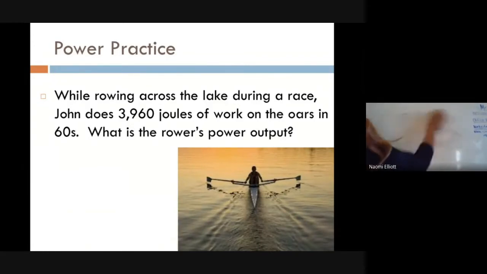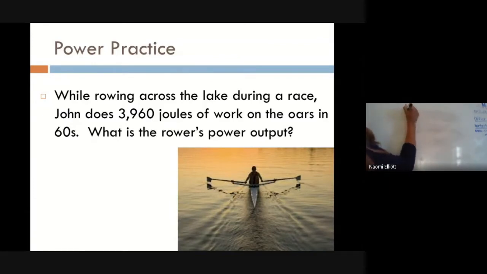While rowing across the lake during a race, John does 3,960 joules of work on the oars in 60 seconds. What is the rower's power output?